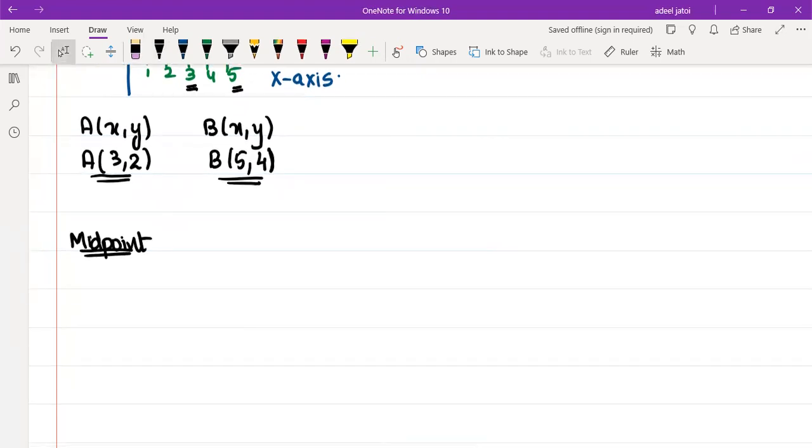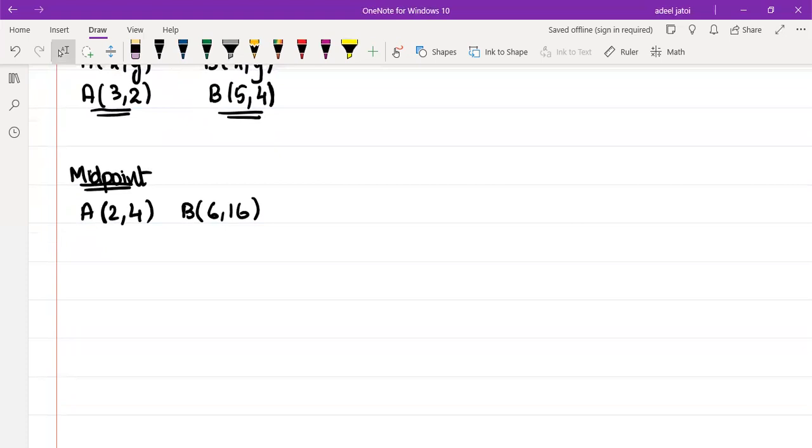Now, midpoint of any two coordinates means, for suppose if I say we have A as 2, 4 and B is 6, 16. So I will always assume this as x1 and y1 because we will have two coordinates. This is x2 and y2.